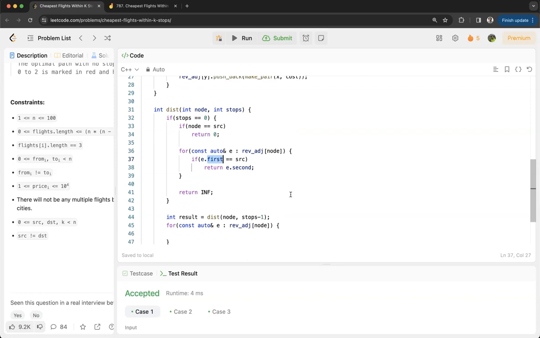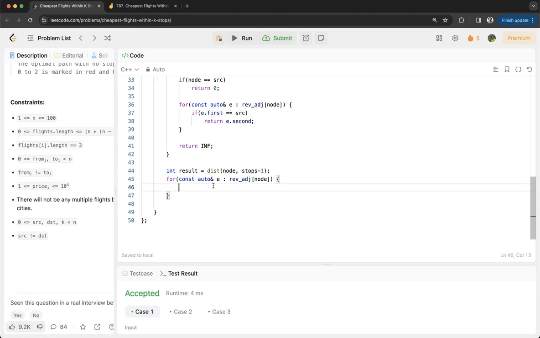Yeah, e dot first, e dot second. Okay, here we can say result equals the minimum of result and this of e dot first and stops minus 1 plus e dot second. So that is the node, that is the edge, that is the cost. Okay, and then here return result.